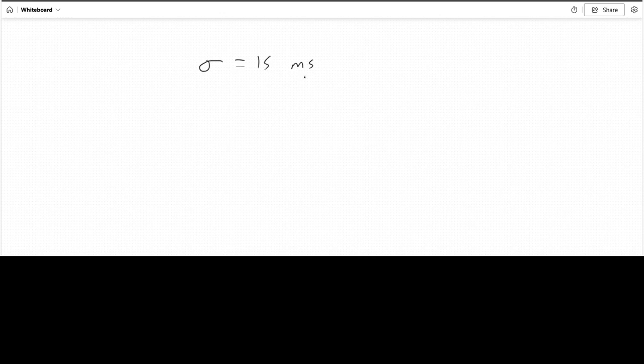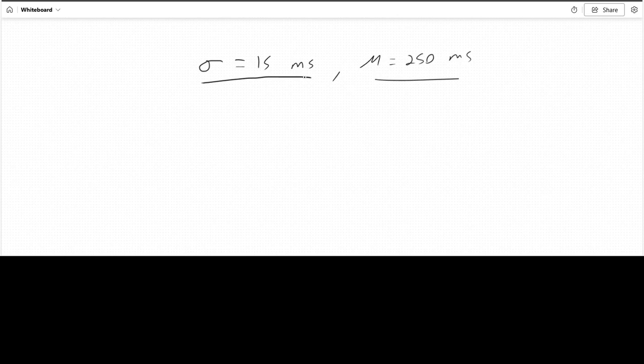So remember, we have the population average of 250 milliseconds, which is just given as our average of the population. Now we know the population standard deviation is 15, which is larger than our estimate for the population standard deviation in our last calculations, which was about 6.5. But these are what we're working with now.